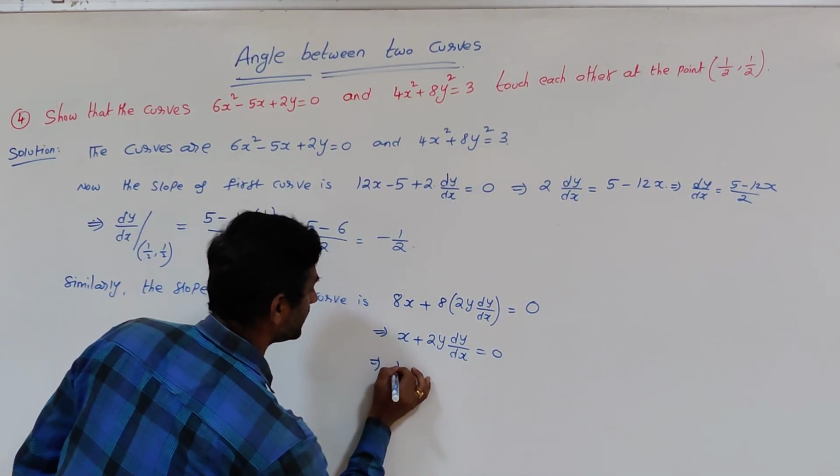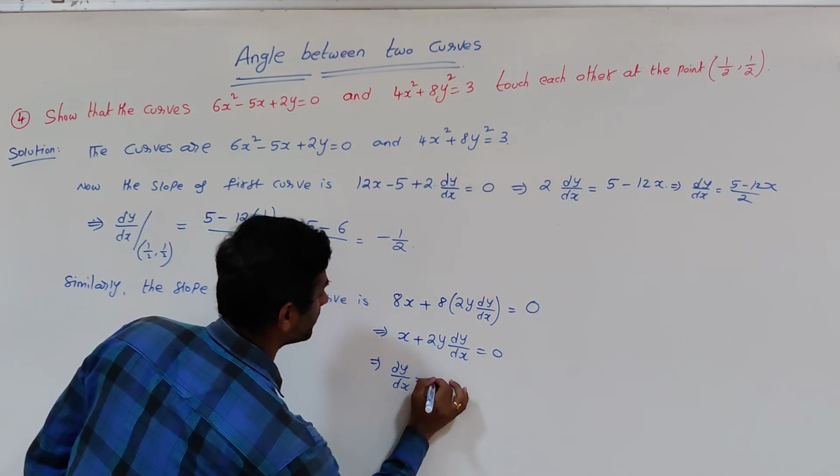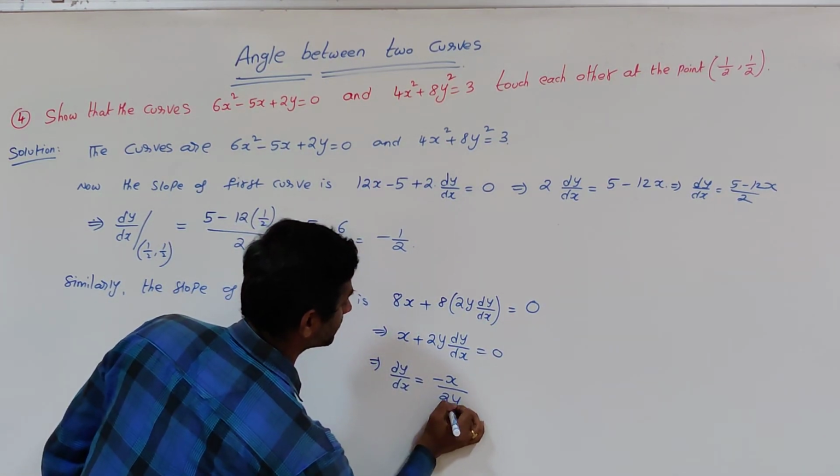So what is dy by dx? Will be minus x by 2y.